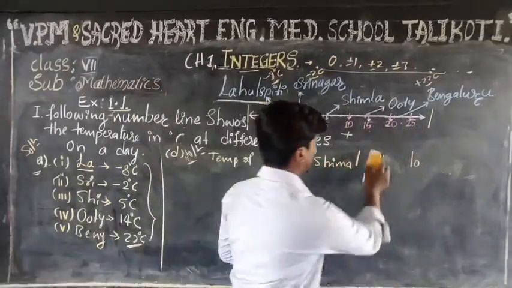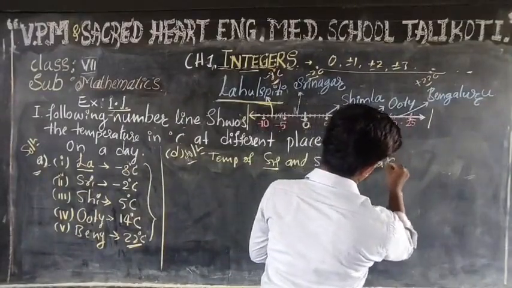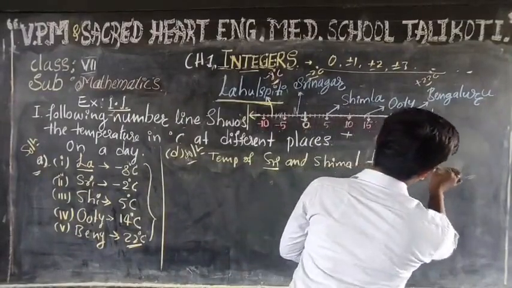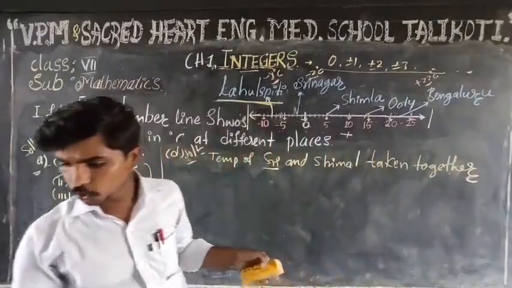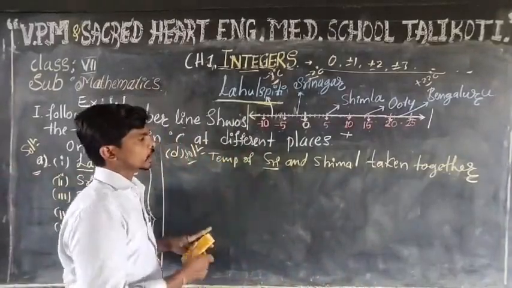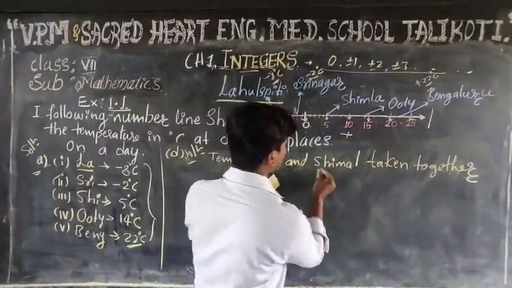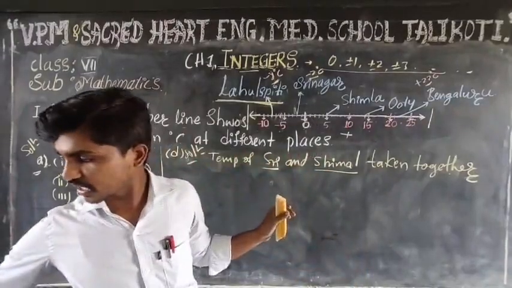Otherwise, you want clear vision, that's why I will write that. Taken together means then you add the temperature of Srinagar and Simla. Now, how to add the temperature of Srinagar and Simla?